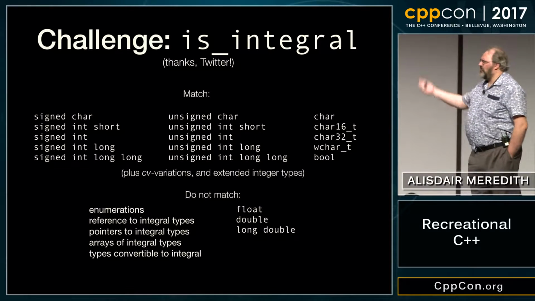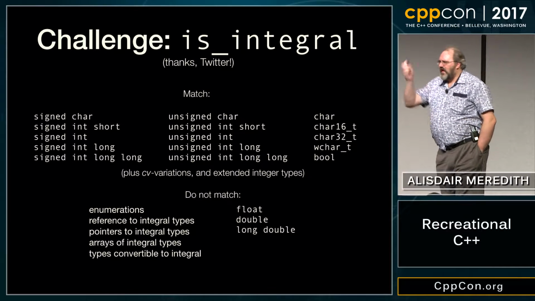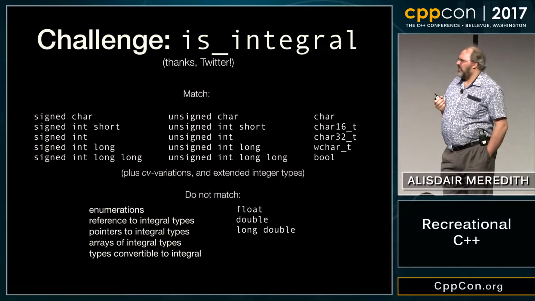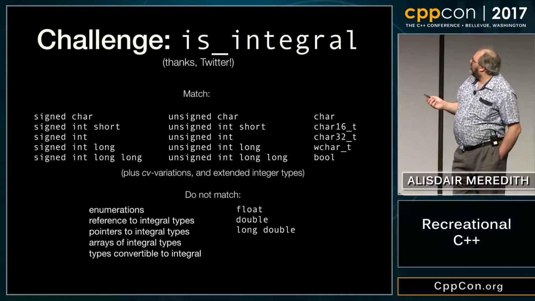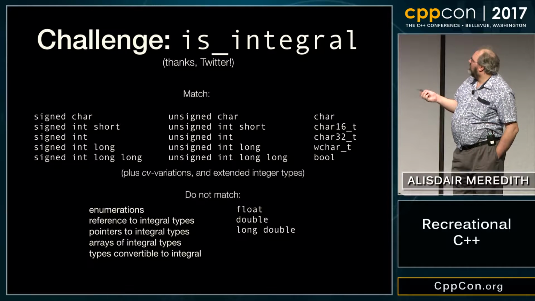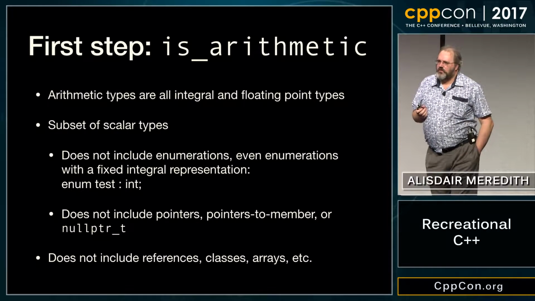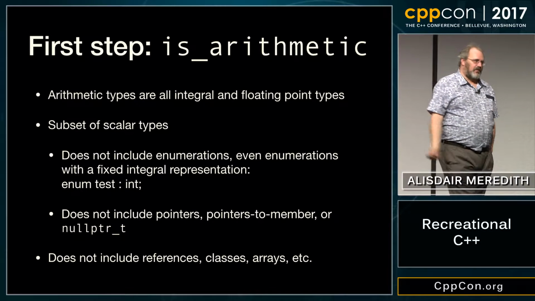Because I try to start with the simple things and become more complicated as we go. I have to get back to you on that one. It failed for more than just the enum case, but I can't remember what the other cases were. OK. We're going to go with the first step and just try and do is_arithmetic. Because if I can do is_arithmetic, I can then start filtering down a bit further.